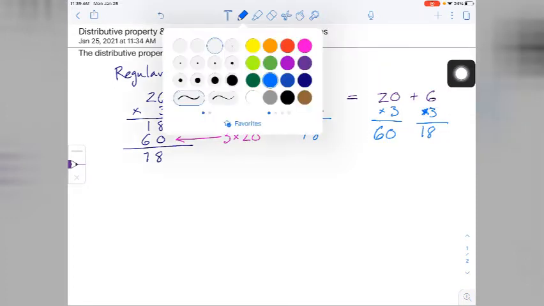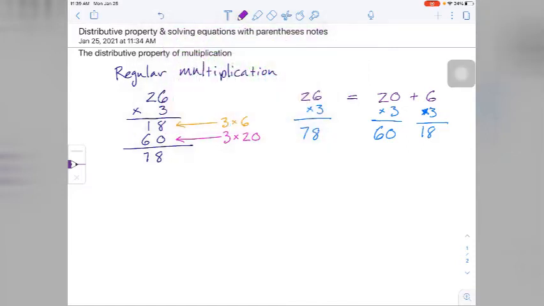The distributive property of multiplication works like this. Let me finish writing this in. So 78 equals 60 plus 18.